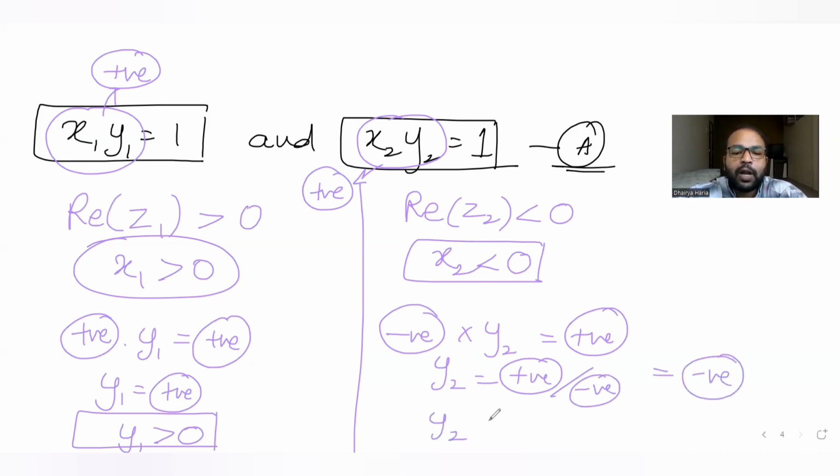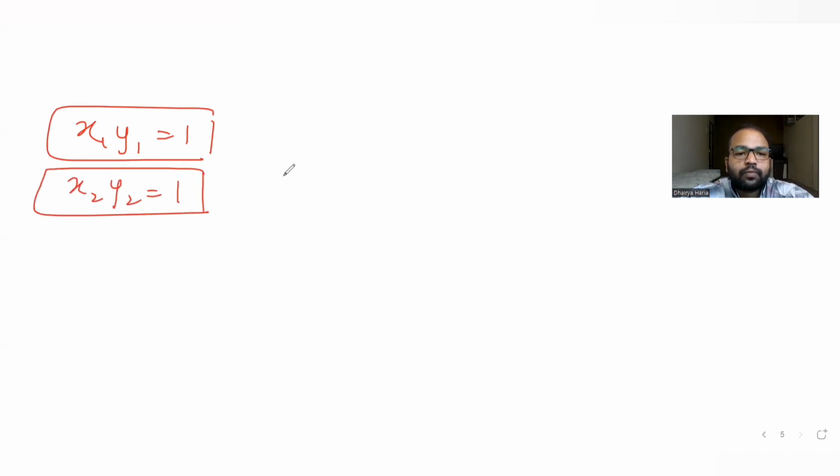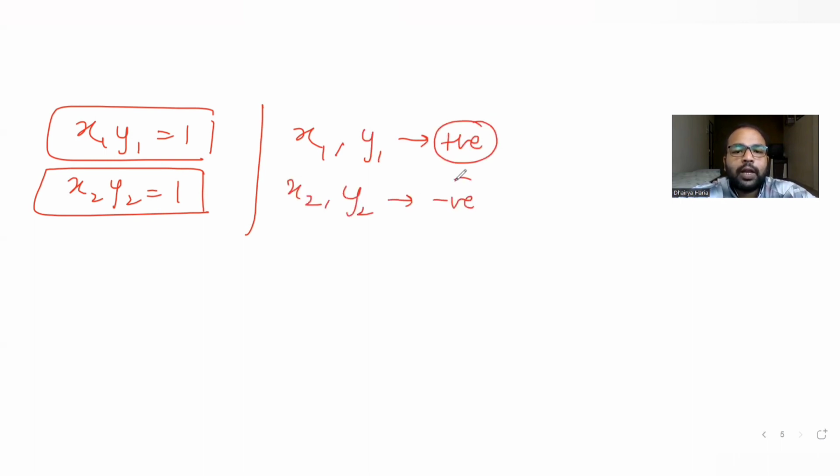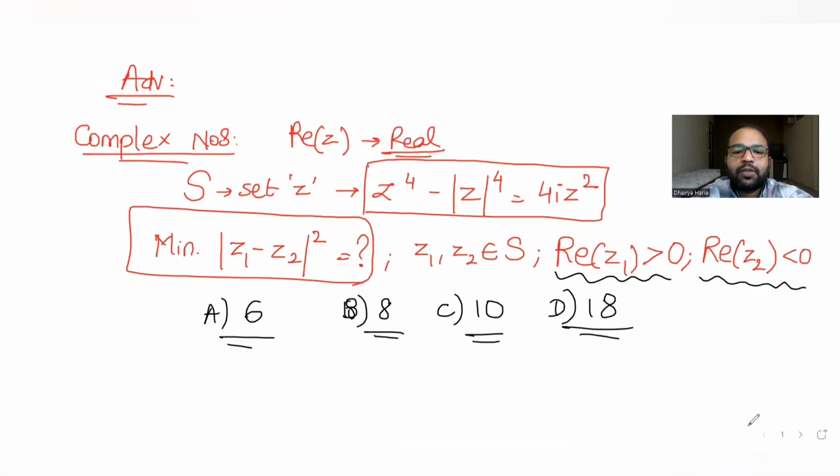So I understand y2 is less than 0. So I have three results with me now. One result was x1 into y1 is 1, x2 into y2 is also 1. We also know x1 and y1 both are positive, x2 and y2 both are negative. So these are the three results which we have.